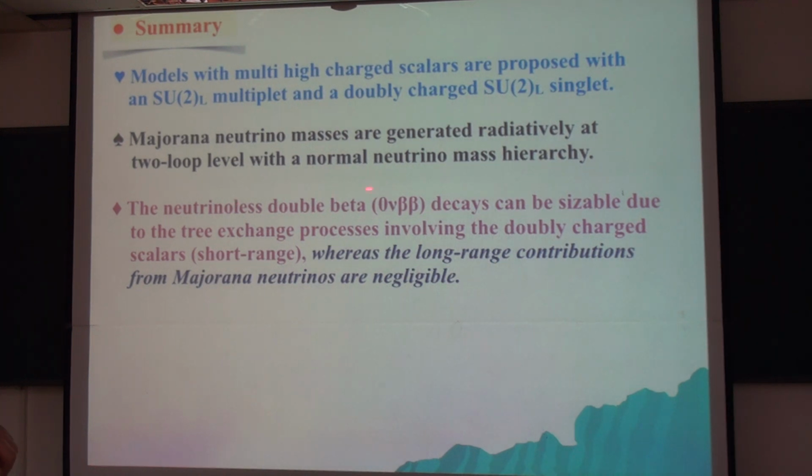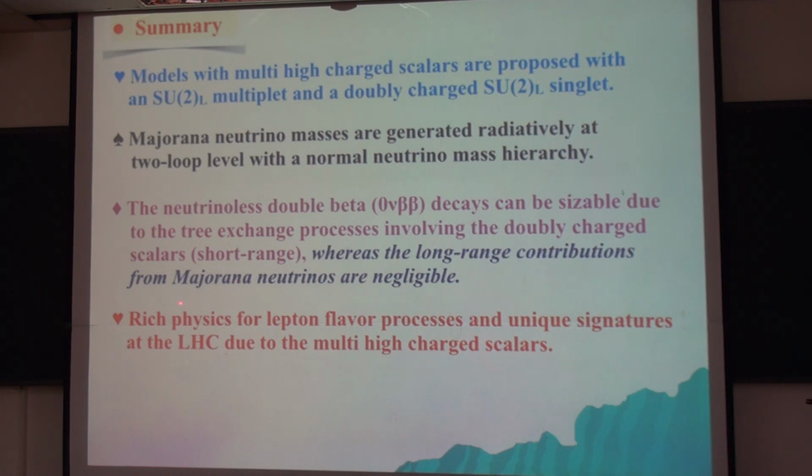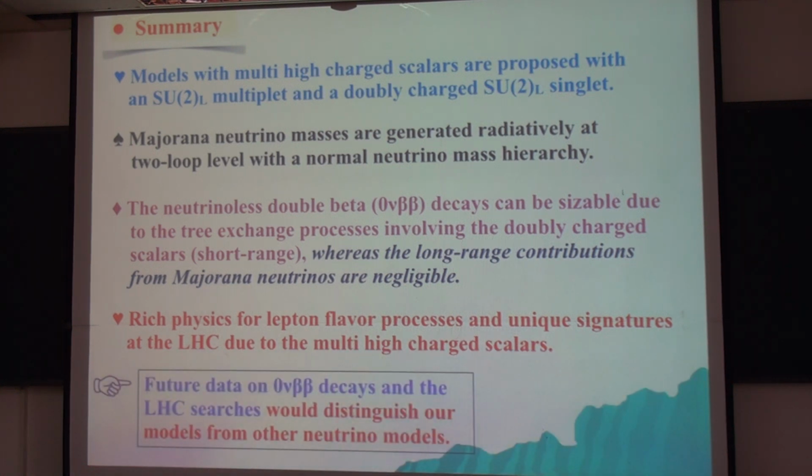The neutrinoless double beta decay can be sizable due to the tree-level exchange process involving the doubly charged scalar, which is of course short distance, whereas the long-range contribution from Majorana neutrinos is negligible. And clearly there is rich physics for electron flavor physics and a unique signature at the LHC due to the multi-charged scalars. Future data on neutrinoless double beta decay as well as LHC searches would distinguish our model from other neutrino models.